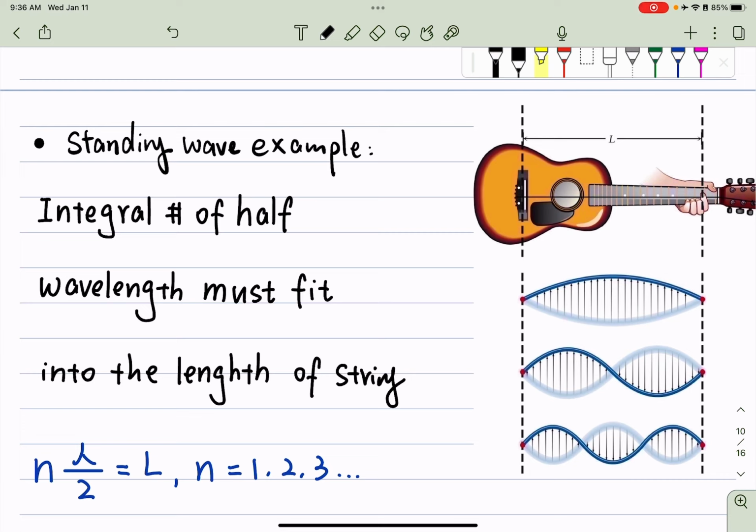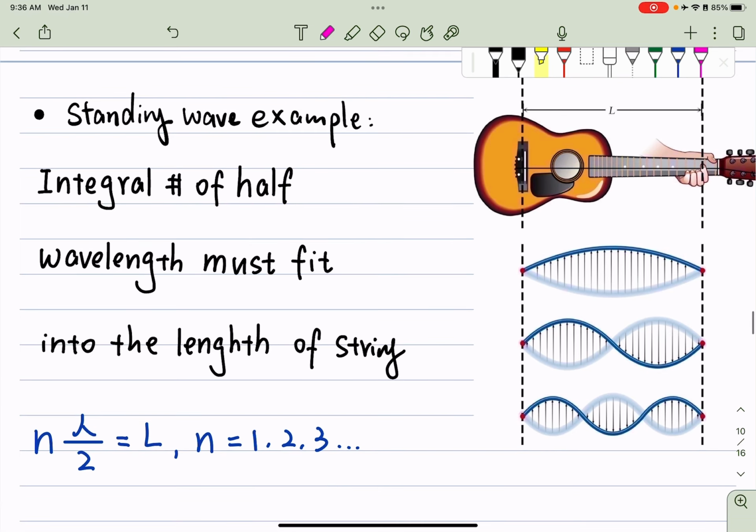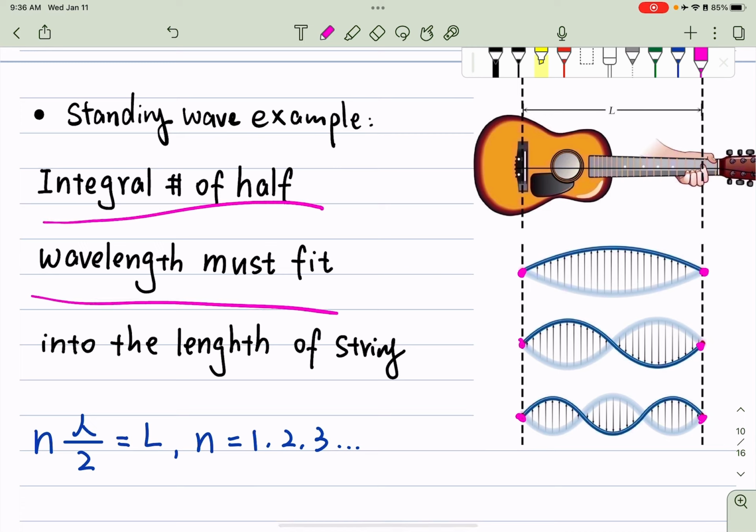So different from traveling wave, standing wave has some limitation on its wavelength, right? Both ends are fixed, so the wavelengths have some limitation. What that means is the integral number of half wavelengths must fit into the length of the string.